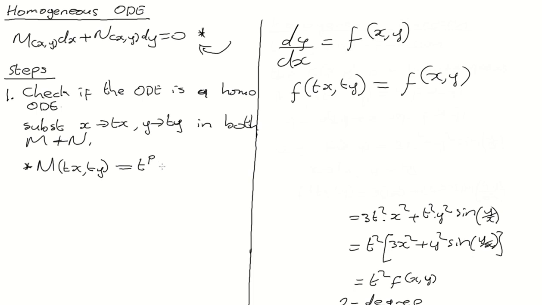I'll use a p because we also used the same in class. Then you get back your m value, your m function. Also in n, if you substitute tx, ty, you must get back your t, let me say q, then xy.